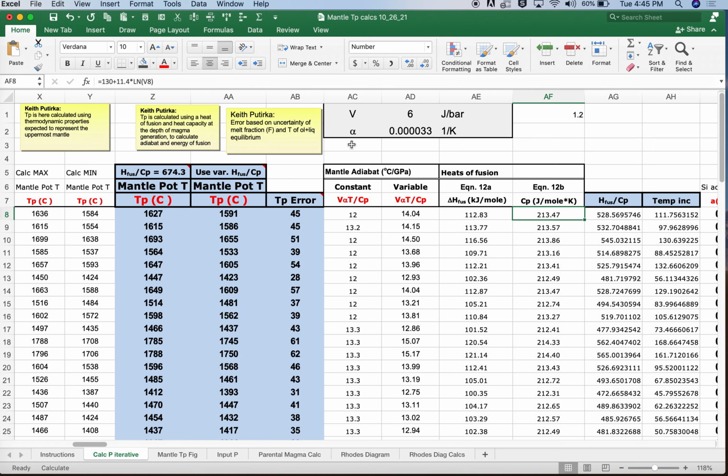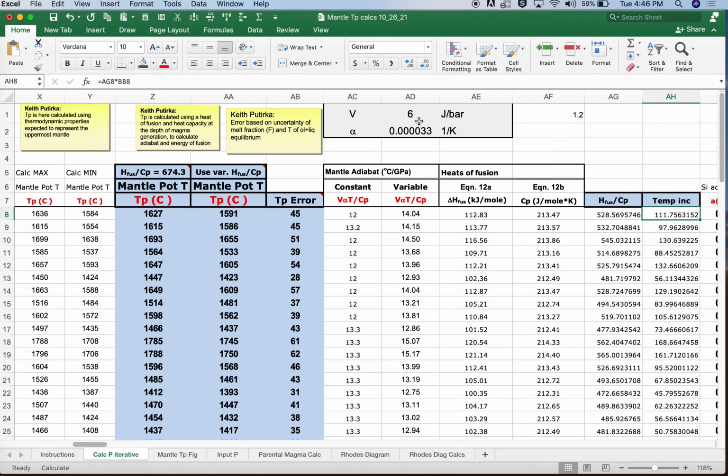Cp is over here. I don't have it as a separate line item. I'm letting it vary as a function of temperature and pressure. Well, actually just as temperature here. And so that goes into the variable case over there. And then that upward temperature increase for the heat of fusion.